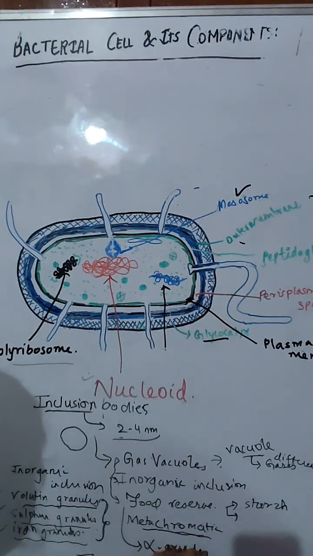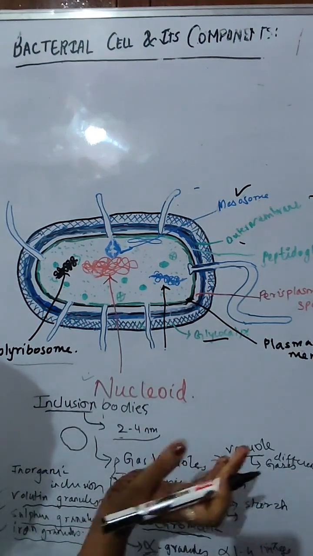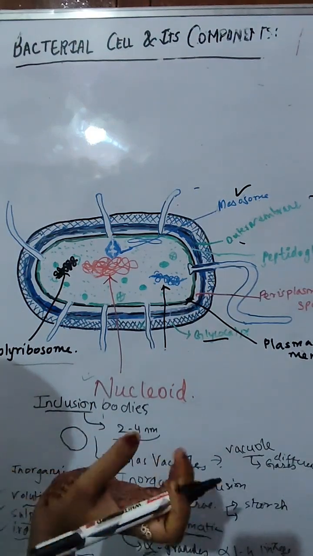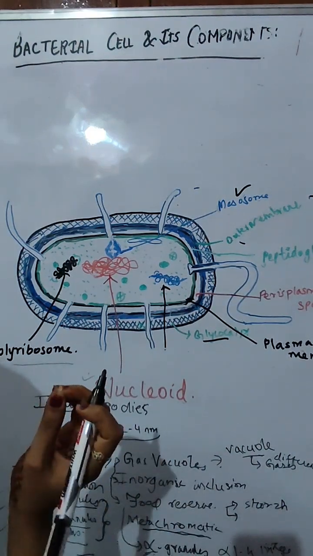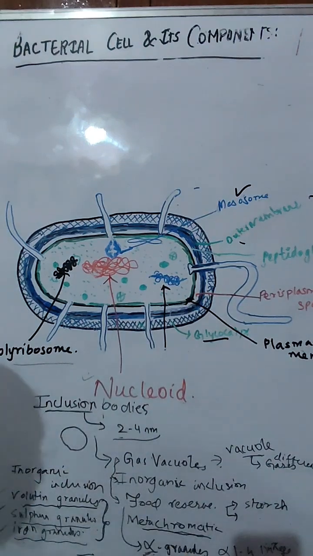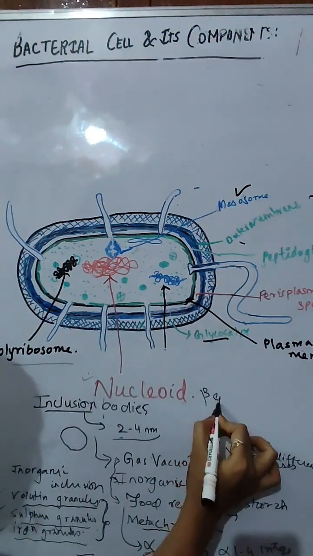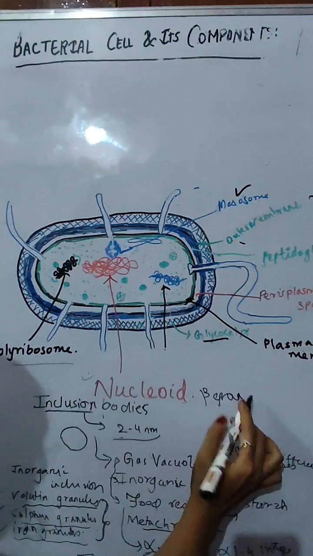As we know, the alpha 1,4 linkage is present in starch, so we call it alpha granule. Alpha granule generally contains starch. Starch is a form of carbohydrate, generally present in bacteria and plants. Then the beta granule, which contains glycogen.